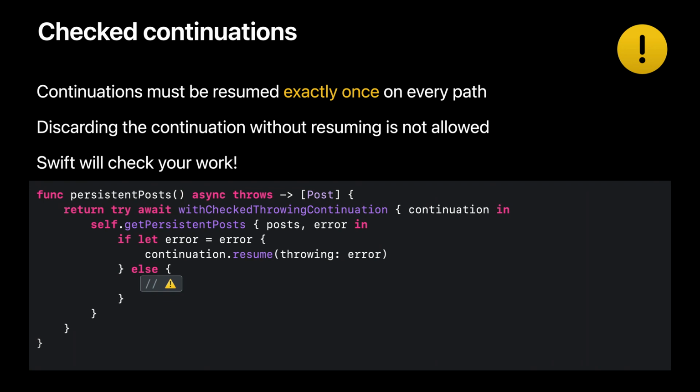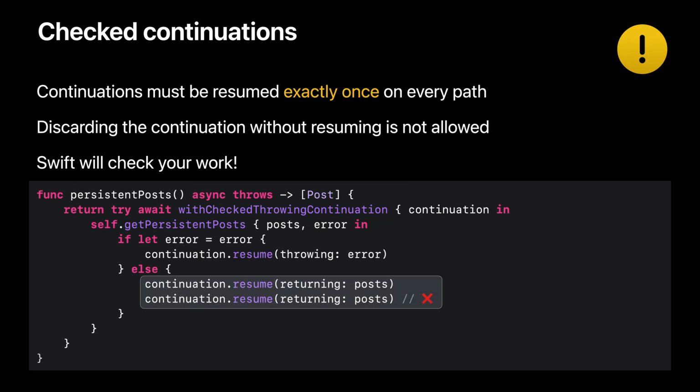If the continuation is discarded without resume being called, the Swift runtime will log a warning, since this will result in async calls never unsuspending. If a continuation is resumed multiple times in the same function, however, this is a more serious error, as it can corrupt program data. To combat this, the Swift runtime will detect attempts to call resume multiple times and will ensure a fatal error occurs at the second resumption point.